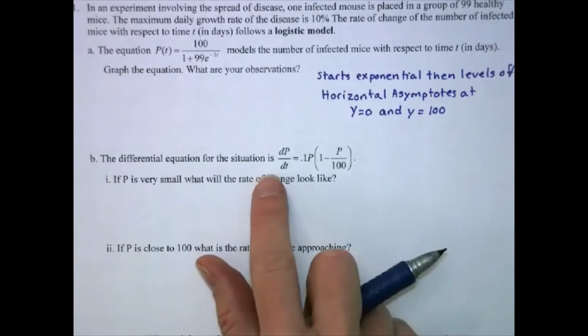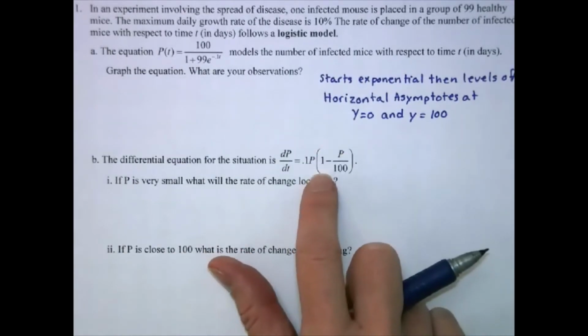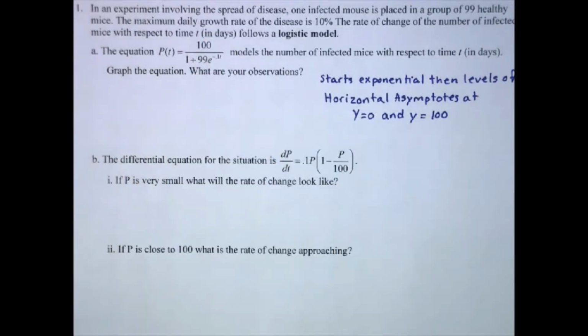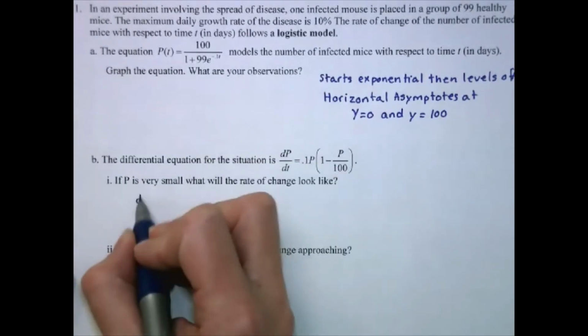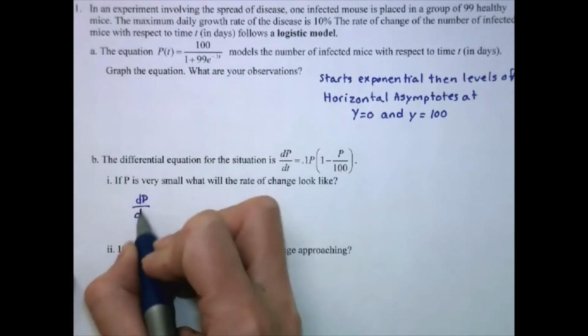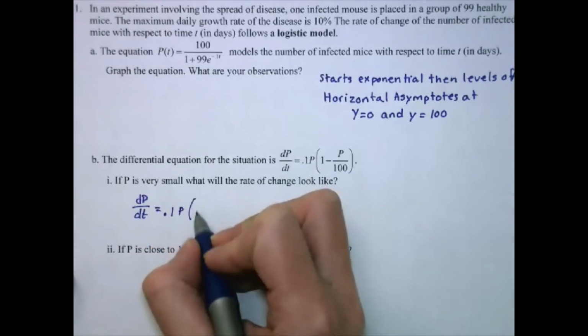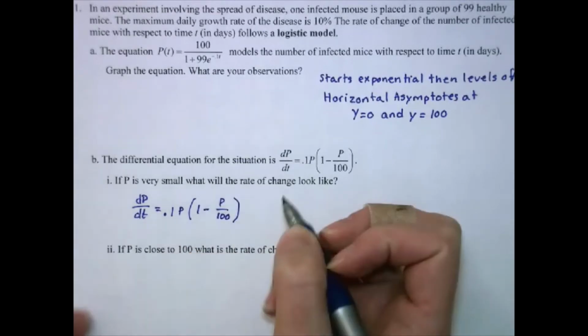Okay, the differential equation for the situation is dP/dt equals this thing here. And if we solved this differential equation, this is what you would end up with. Okay, so let's look at two scenarios. If P is very small, what is this going to look like? dP/dt = 0.1P(1 - P/100).